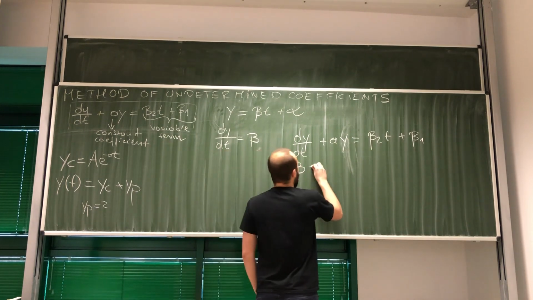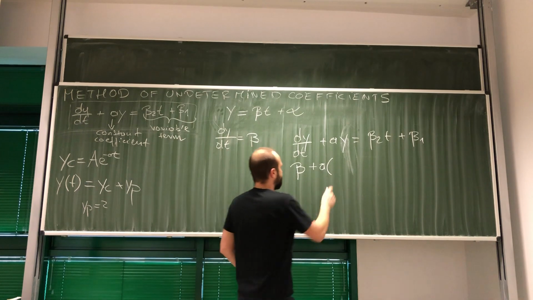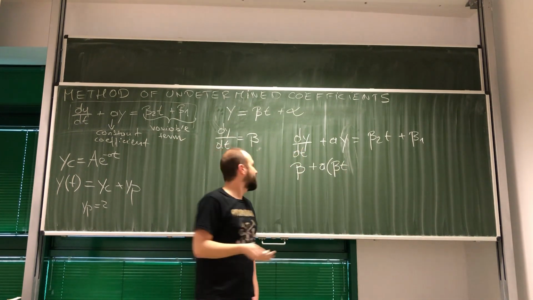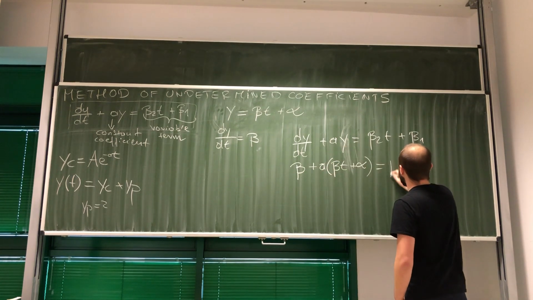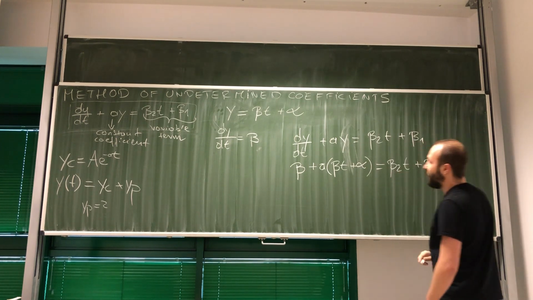Now, instead of y, we can write beta t plus alpha, and this is equal to beta 2 t plus beta 1.